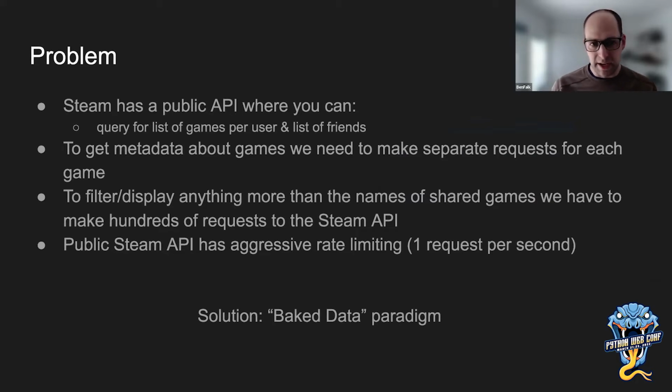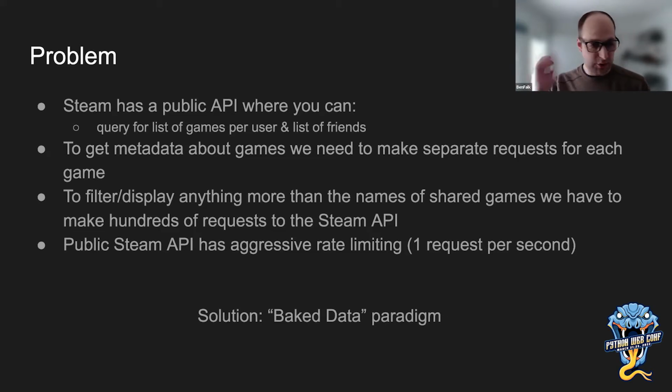So the data that comes back for your list of games is just the name, essentially. And then to get any information about the games, you have to make several requests. So essentially, to be able to do this filtering, apart from just the name of the games, you need to make hundreds of requests to the Steam API in order to populate this list.